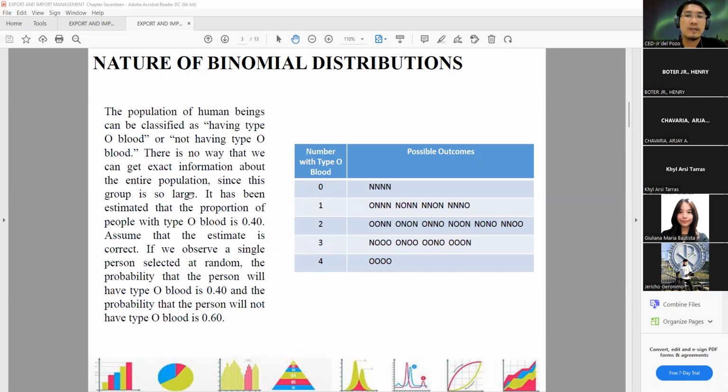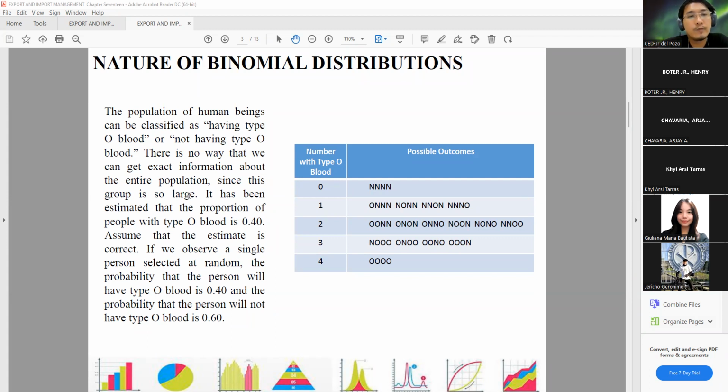So now we distinguish this as 1 and 0 lang kasi ang dinedefine niya dito is O, which is the dominant blood type, versus the non-O, which is yung A, AB, tsaka B. So, since dominant ang blood type O, ginawa lang natin siya na parang if you try to add all the blood type A, B, and AB individuals, you add them all up, it will only be as equal as type O. So, yun lang naman yung ini-imply nitong problem na to.